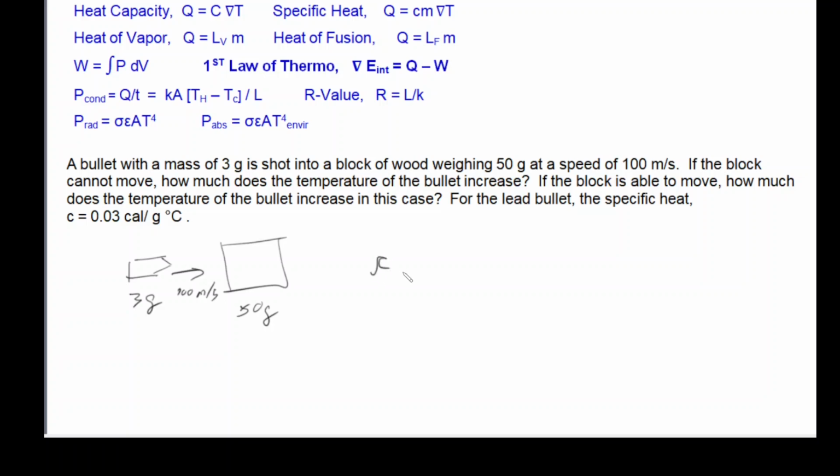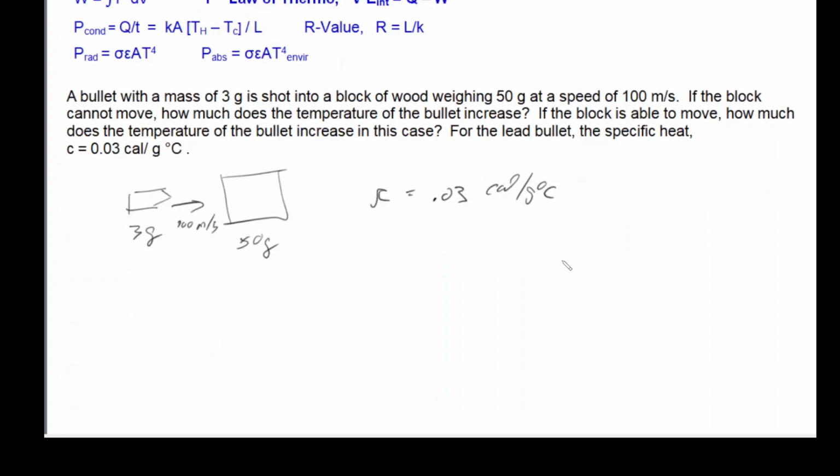And we're given C for the bullet is equal to 0.03 calories per gram degree centigrade. So in the first case, the block doesn't move. So when the bullet flies into the wood block, all the energy that the bullet has in it, which is kinetic energy, is transferred to the block in the form of heat.